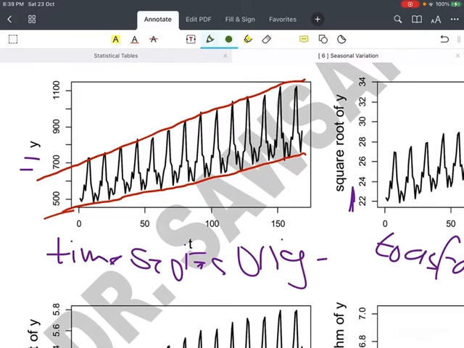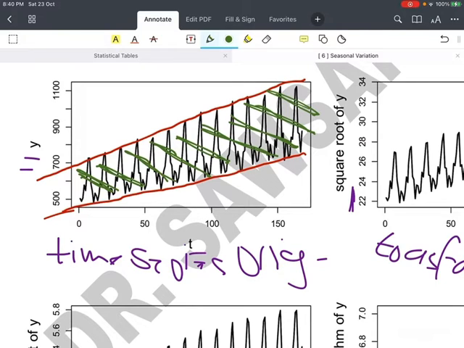You will see here the lines I draw are becoming longer, so it is increasing. The space is not fixed, not constant.